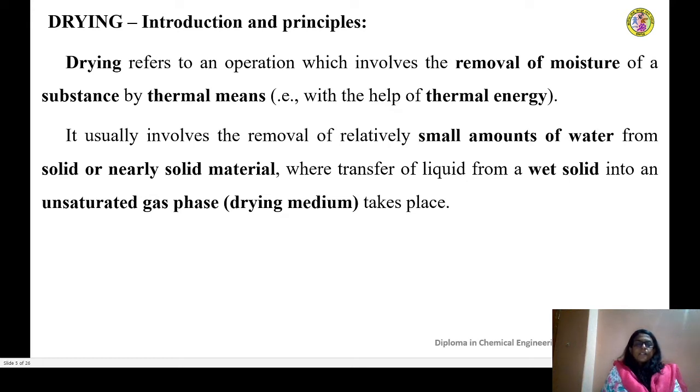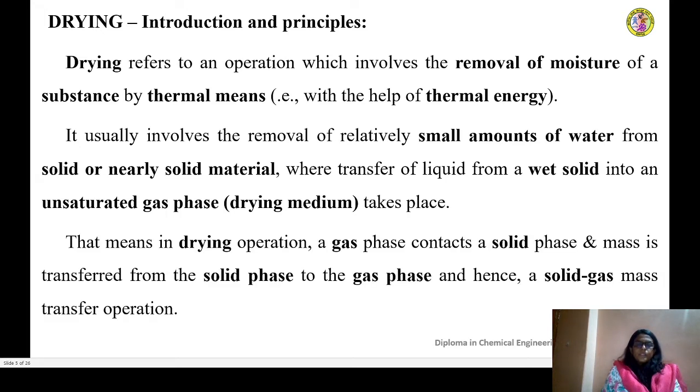That unsaturated gas phase used for drying solids is called the drying medium. So in drying, a gas phase contacts a solid phase. The drying medium is a gas phase, and the material to be dried is usually a solid phase, as I told you.